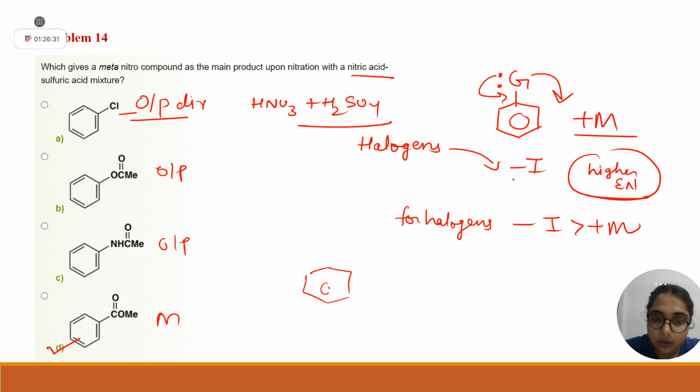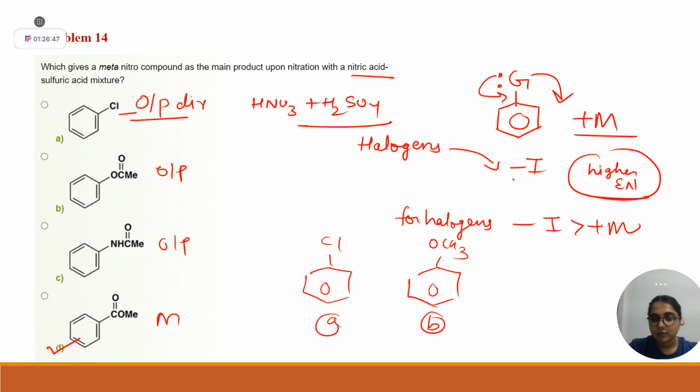If anyone asks you which has the higher rate for electrophilic aromatic substitution among chlorobenzene and anisole, which will be the correct option, A or B? Can you repeat the question? Okay.